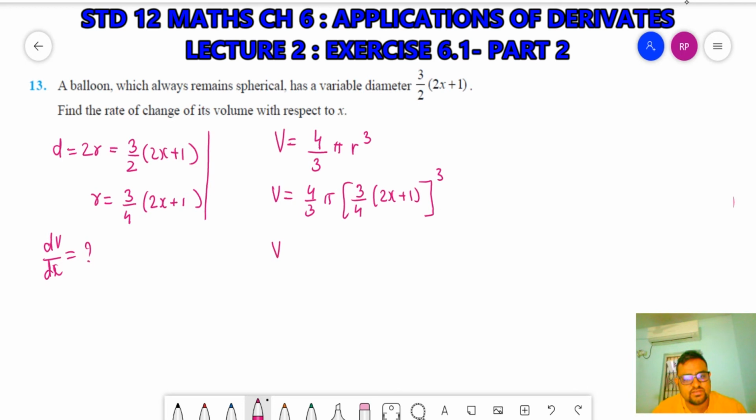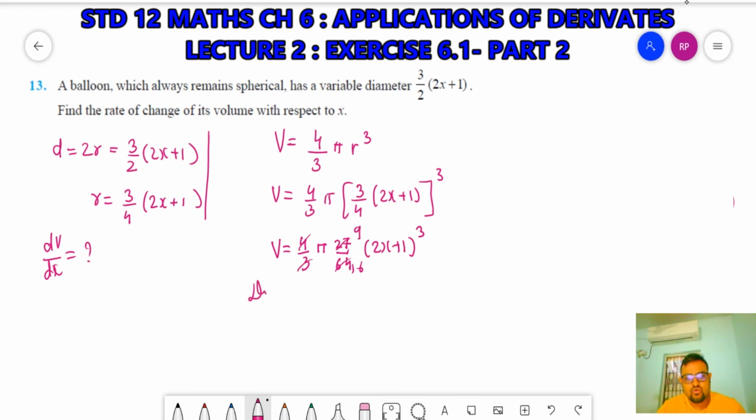So V is equal to 4 by 3 pi, this will be 3 cube, that is 27, and 4 cube, 64, into 2x plus 1 whole cube. Okay, so 4 ones are 4, 4 16s are 64, 3 ones are 3, 3 nines are 27.